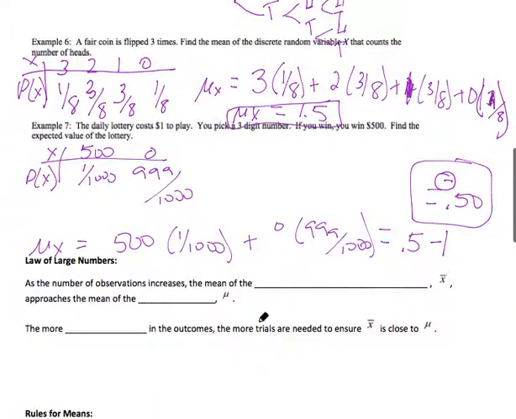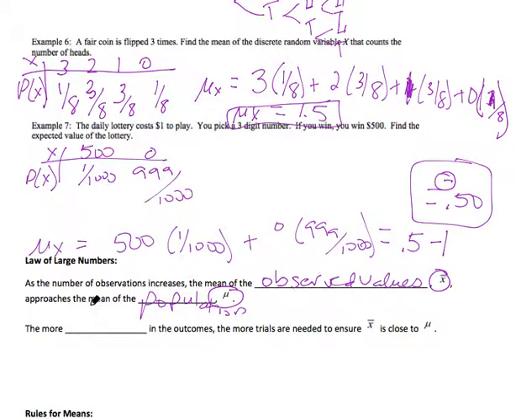So as the number of observations increases, the mean of the observed values, because the x bar is just the observed values, approaches the mean of the population. Doesn't quite fit on this line. And mu, so I need you to make sure that you're writing down the correct letters. This mu is the population, whereas x bar is just for the observed values.